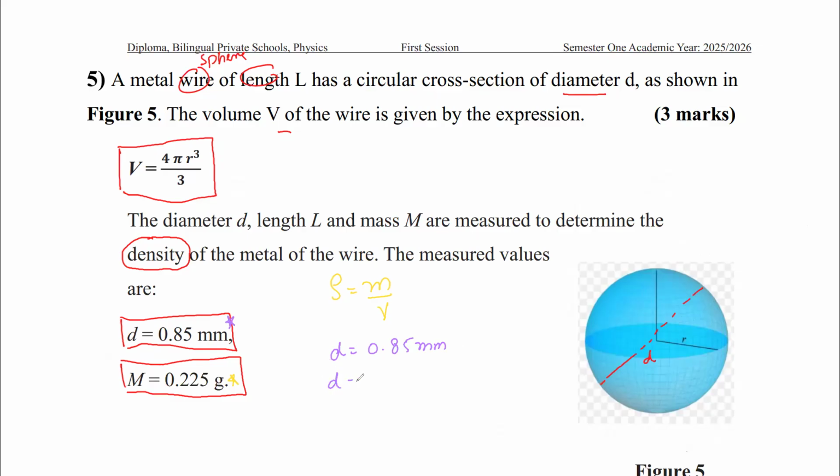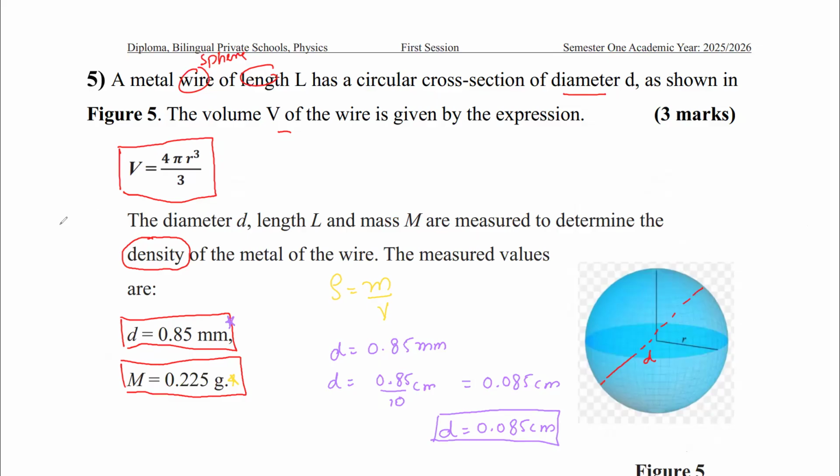So D is equal to 0.85 divided by 10 centimeter, which is equal to 0.085 centimeter. So our diameter is 0.085 centimeter.